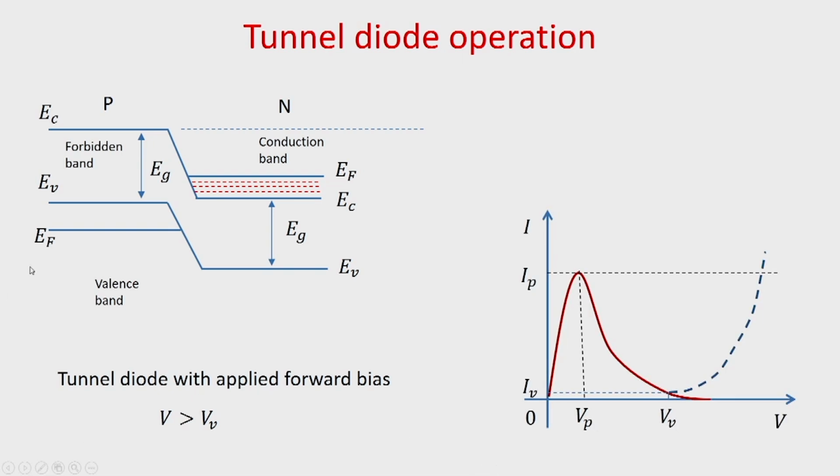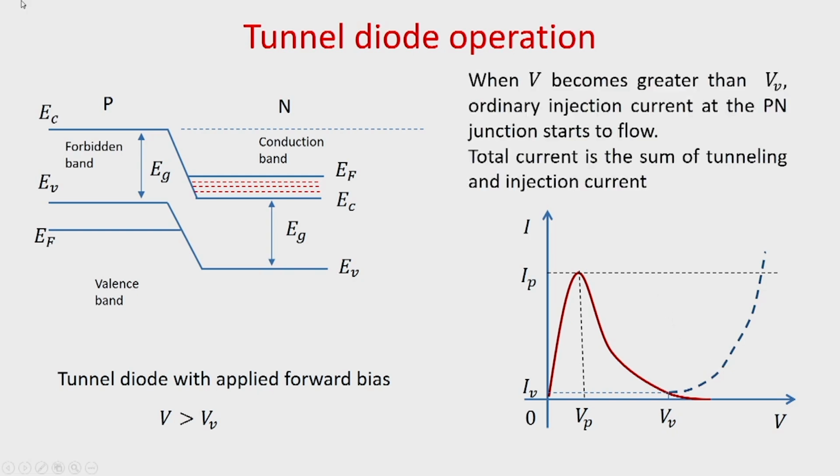So, when this V is greater than V V, we find that here now the tunnel current, the current due to tunnel effect decreases and normal injection current starts increasing. So, when V becomes greater than V V, ordinary injection current at p n junction starts to flow.